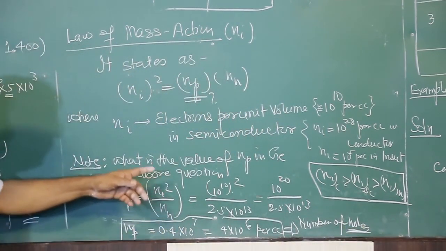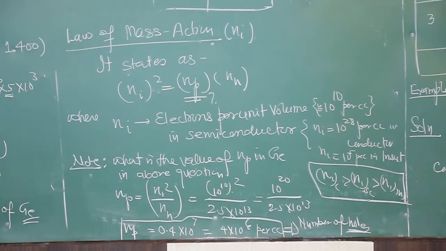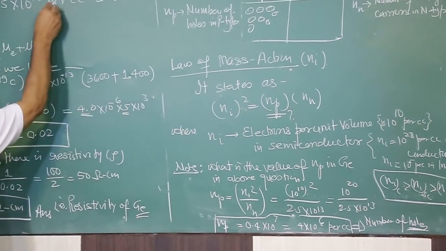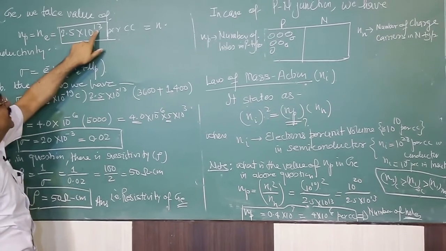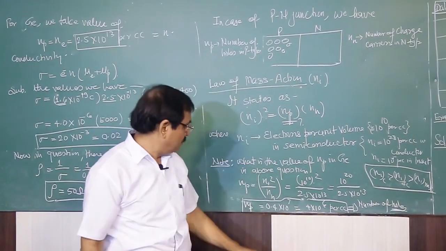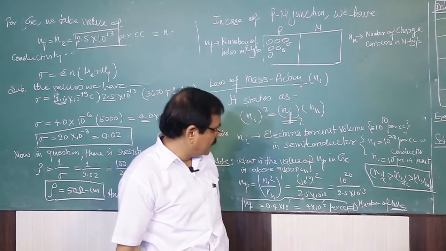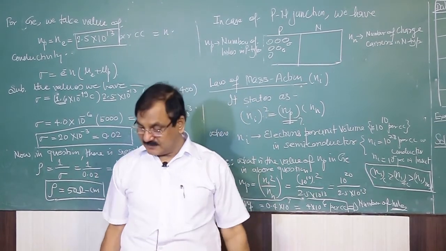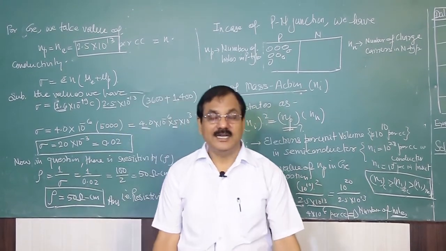So, the number of electrons is 2.5 into 10 to the power 13, and the number of holes is 4 into 10 to the power 6. So, the number of holes is less than the number of electrons.